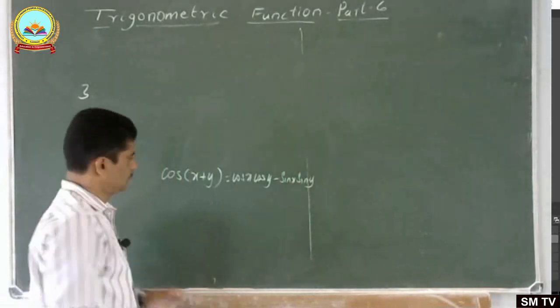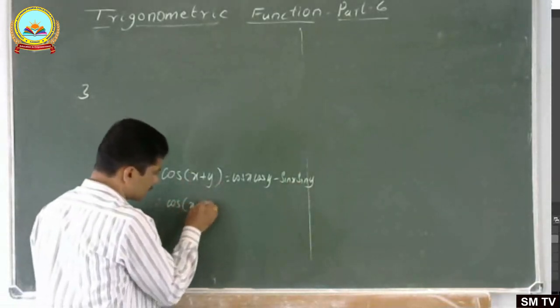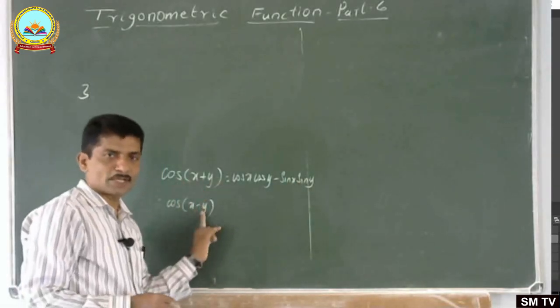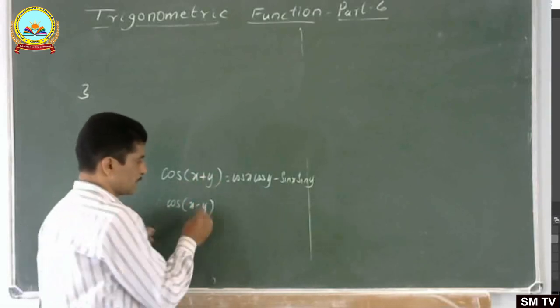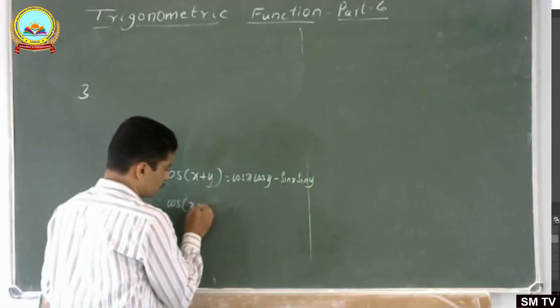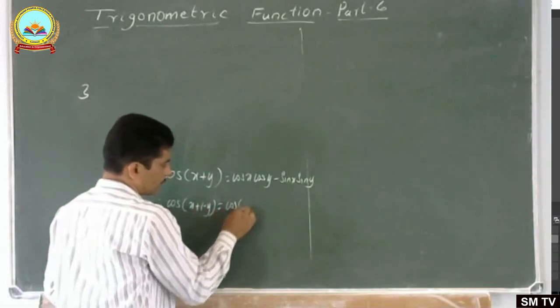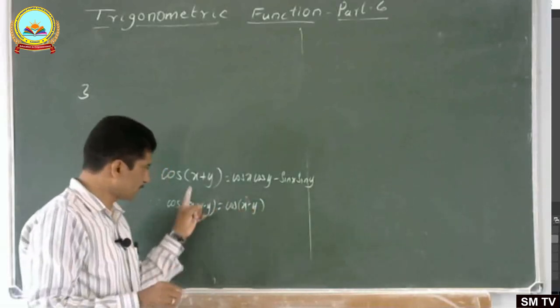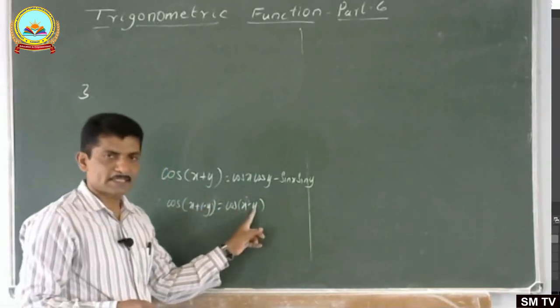It's clear. Using this result, you can say that cos of x minus y is obtained when we keep x equal to x but replace y with minus y. That is, x plus minus y means x minus y. Just replacing y with minus y, you get cos of x minus y.